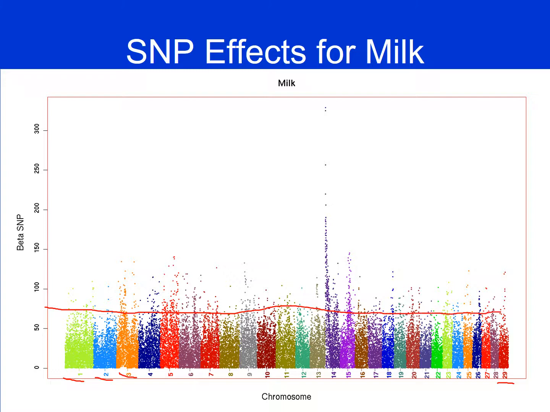Below the line gets a little noisy, I guess, but above the line will show you genes that have major effects on milk production. Obviously, there's a gene on chromosome 14 with a major effect. But there are genes on every chromosome that have an effect on milk production.